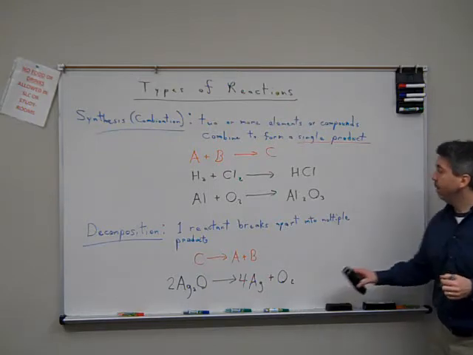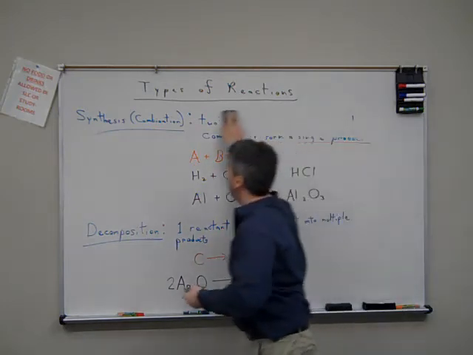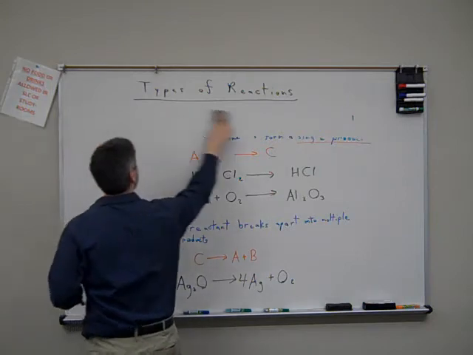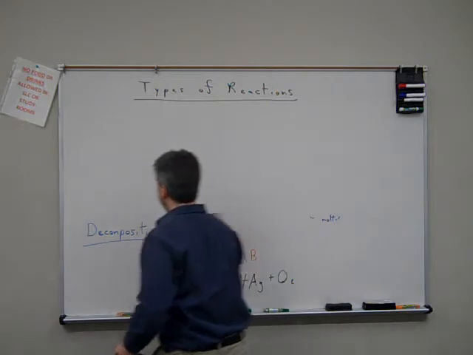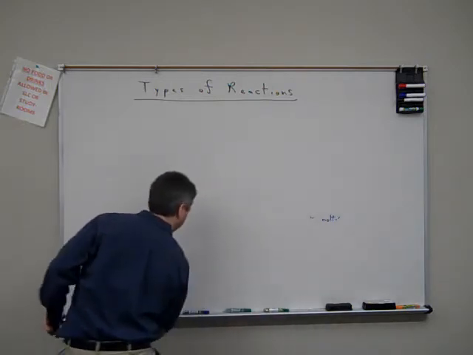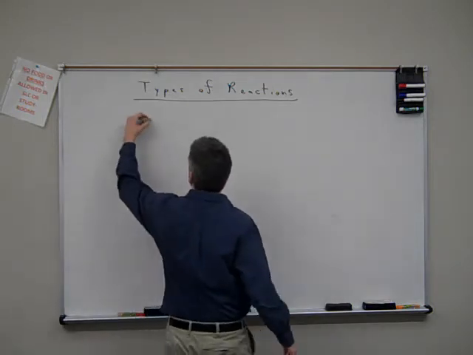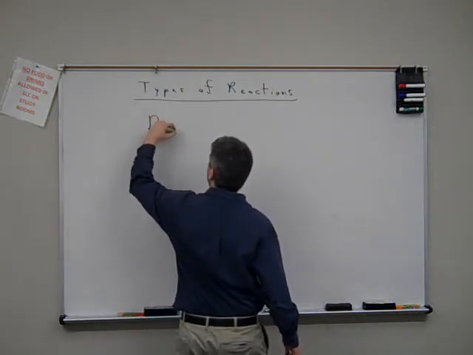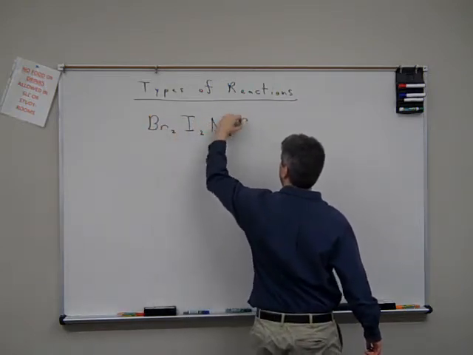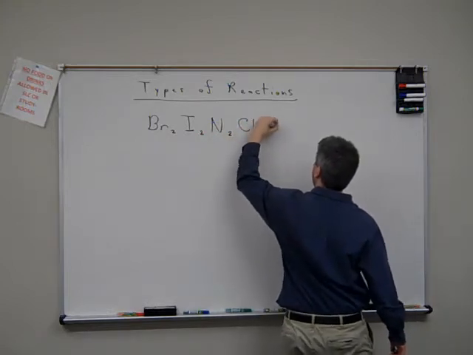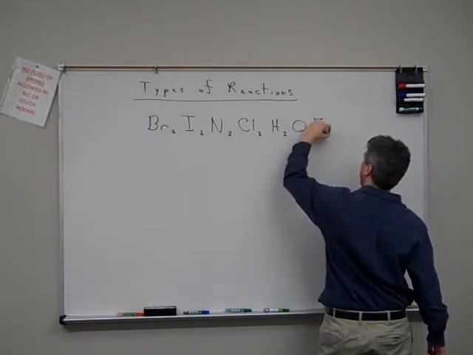I'm going to go ahead and erase this, is that okay? So the 7 elements that form diatomic molecules, that's the only way they exist in nature, or at least the most common way, are bromine, iodine, nitrogen, chlorine, hydrogen, oxygen, and fluorine.